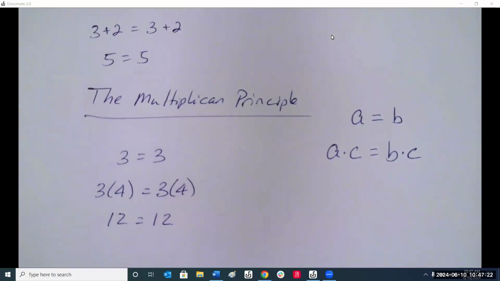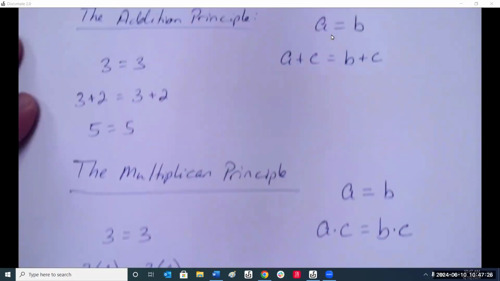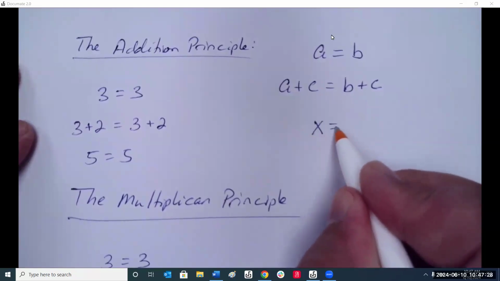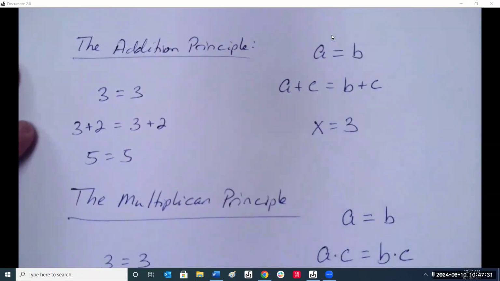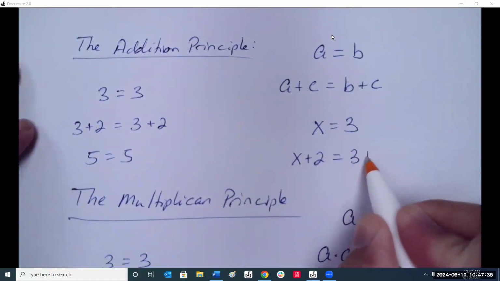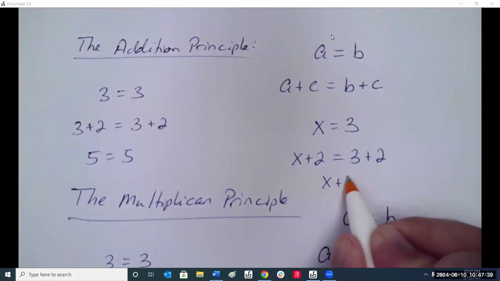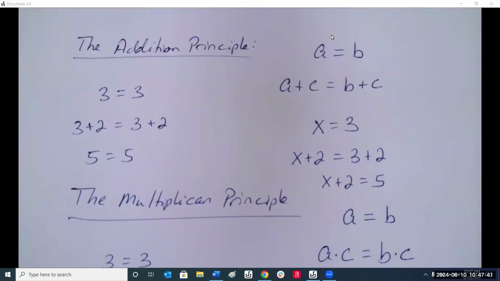Yeah, these seem pretty straightforward, but here's what's really going to happen. If x equals 3, and if I add 2 here, then I have to add 2 here. So x plus 2 is equal to 5.